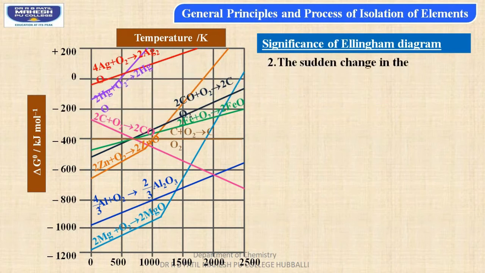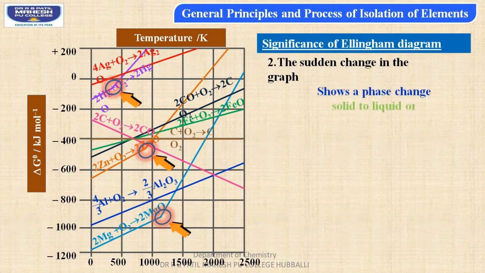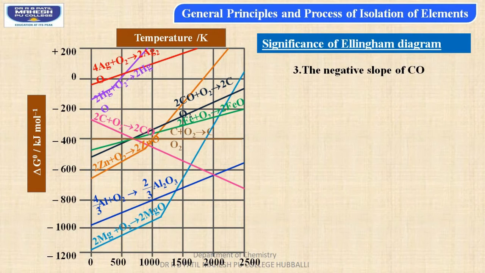Second, the sudden change in the graph shows a phase change. That is, in magnesium oxide, zinc oxide and mercuric oxide, there exists a sudden change which signifies a phase change, either from solid to liquid or liquid to vapor phase.